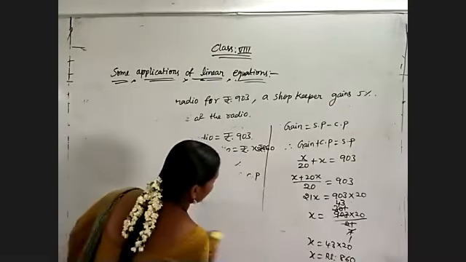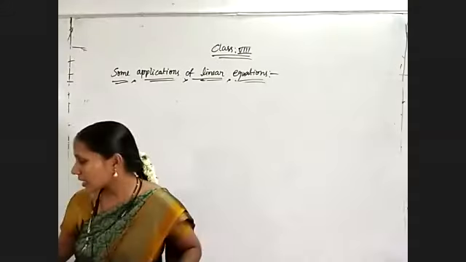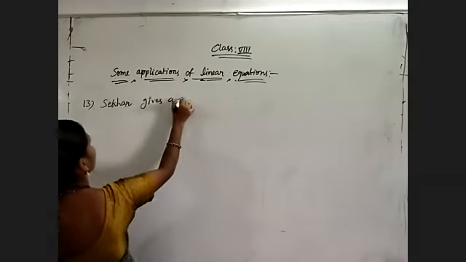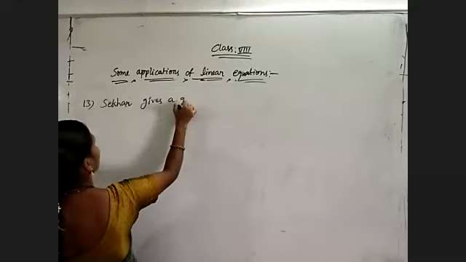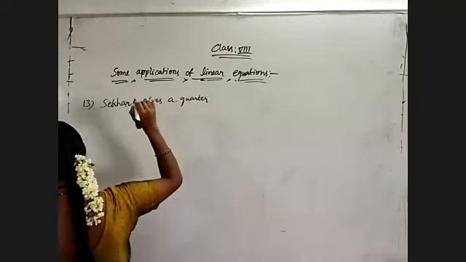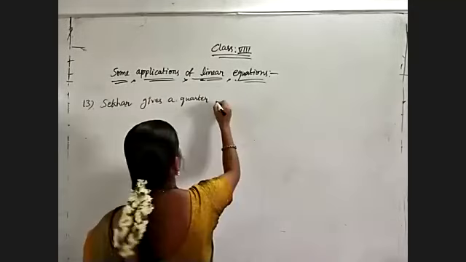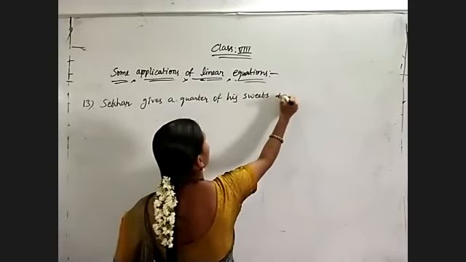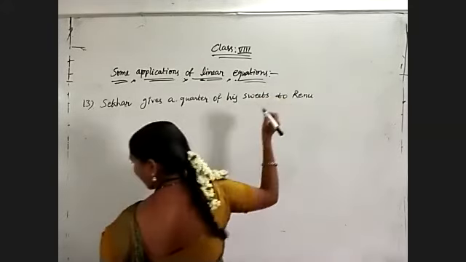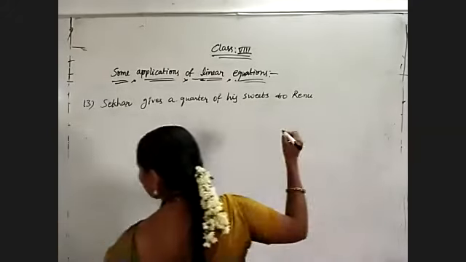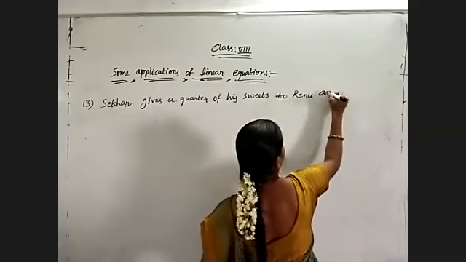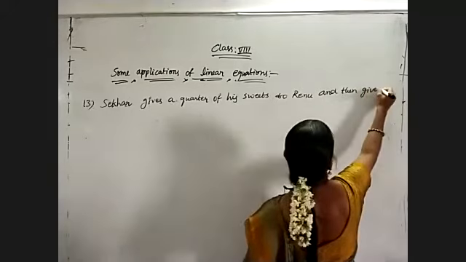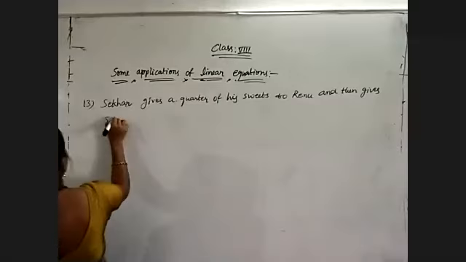Now coming to the last question from the second chapter. So tomorrow we will do some of the objective. Shekhar gives a quarter of his sweets to Renu, and then gives 5 sweets to Raji.